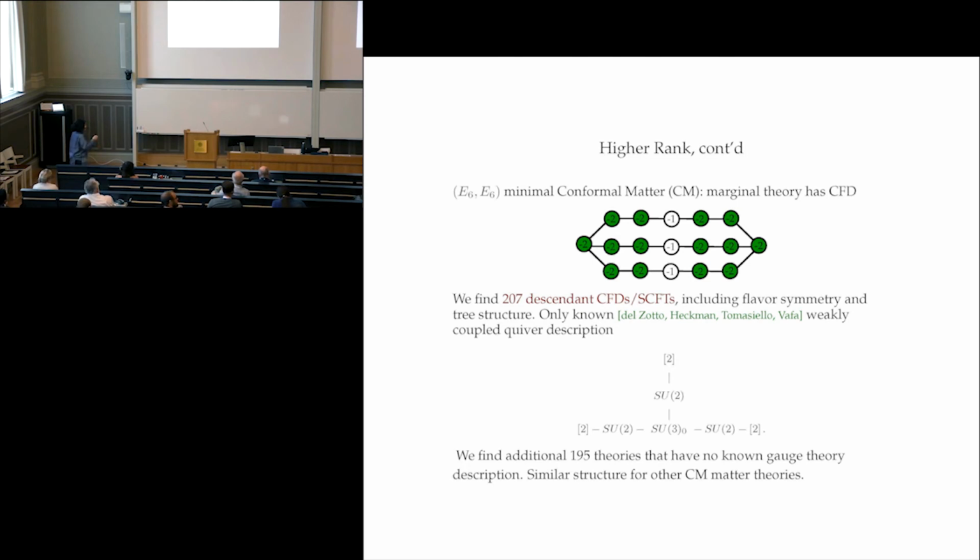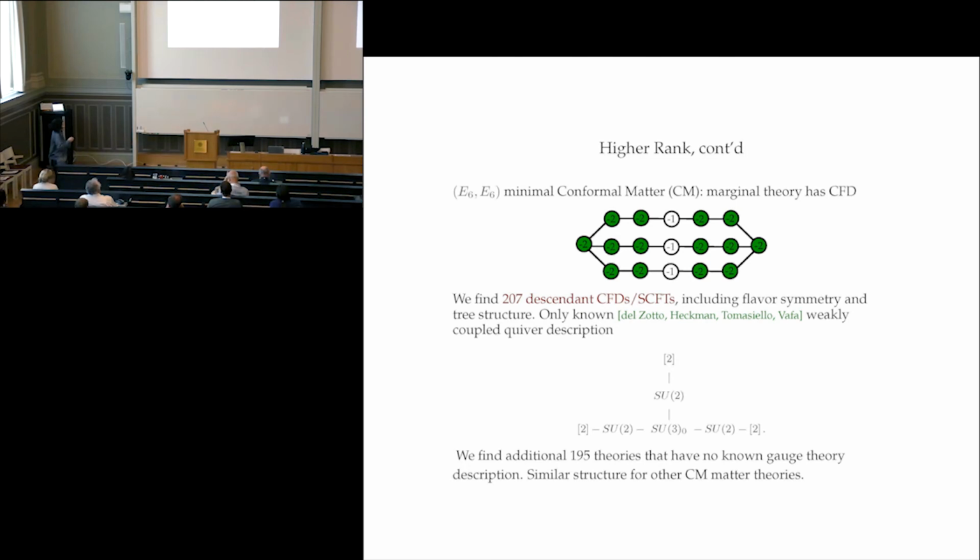This conformal matter theory has a marginal CFD given in terms of these two affine E6 diagrams connected by -1 curves. So this again, doing one blow up, is the starting point fiber diagram we need. And now we can run basically an algorithm to look at all the descendants starting with this theory.